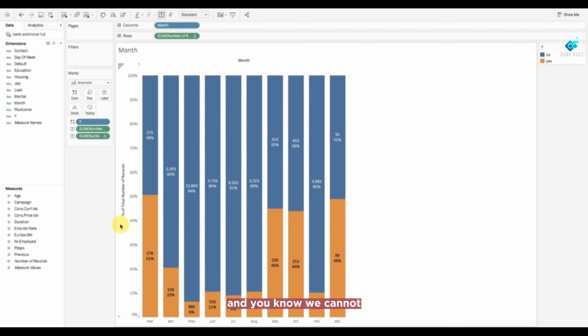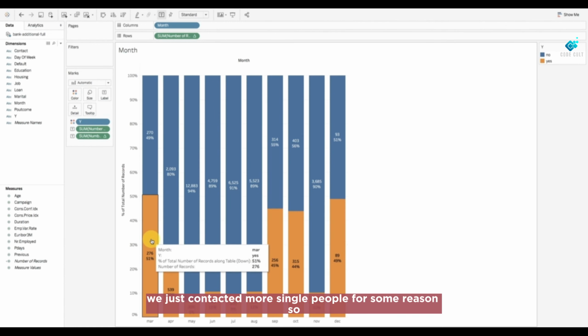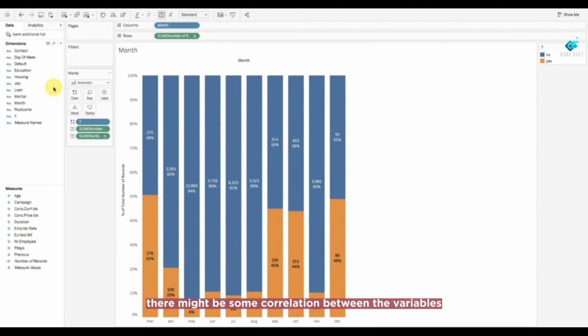And nobody guarantees that, for instance, the marital status of the people we're contacting, the percentage of married versus divorced versus single, is consistent across the months. Maybe in March we just contacted more single people for some reason. So there might be some correlation between the variables, and that can be affecting these outcomes. That's just something else to keep in mind. We're not going to delve into that.